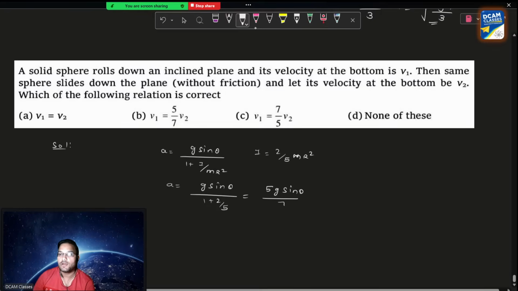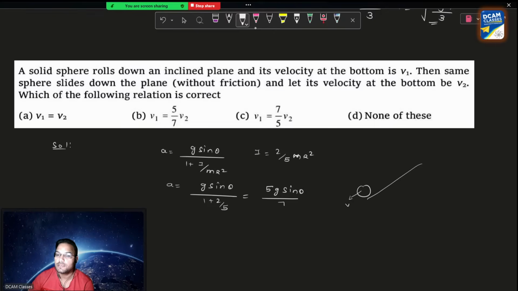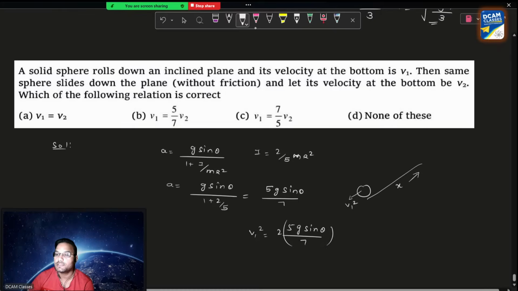So velocity. The distance is the same. In the first case, v1 square is equal to 2 into 5g sine theta by 7 into x, this distance.